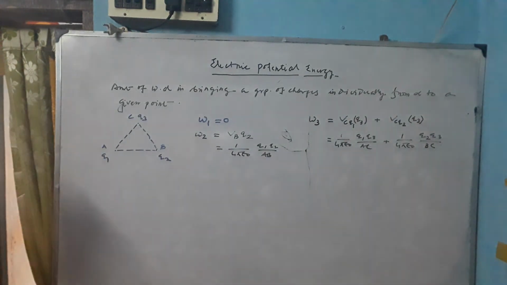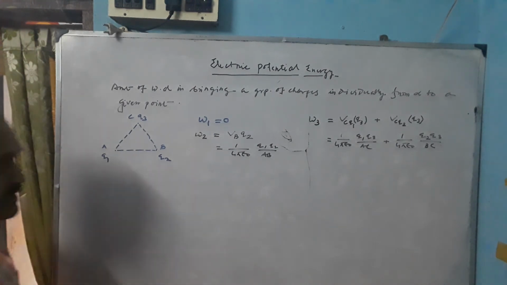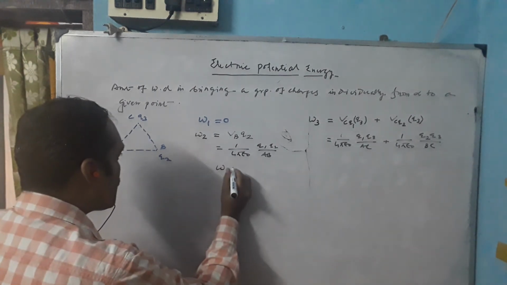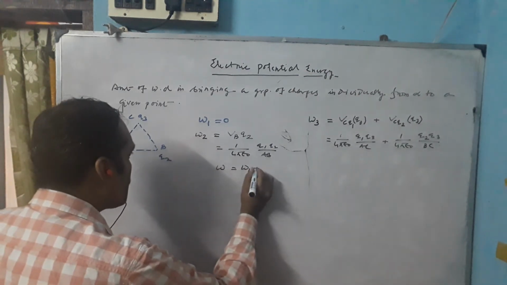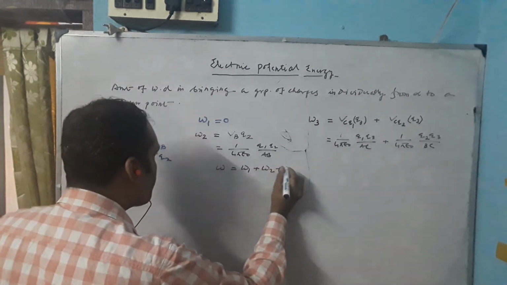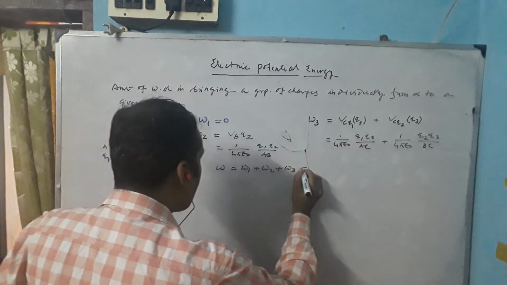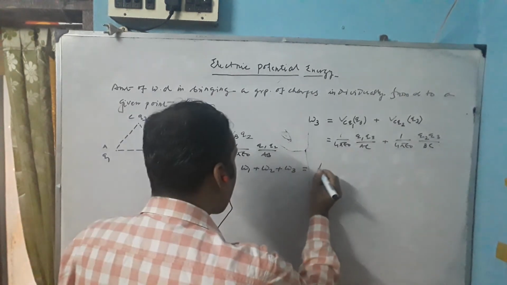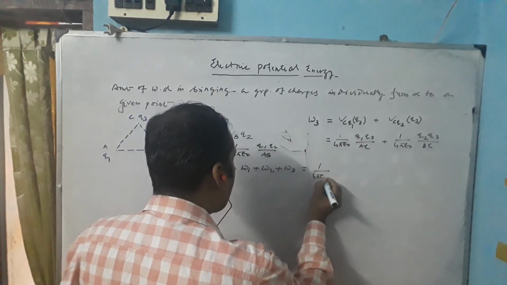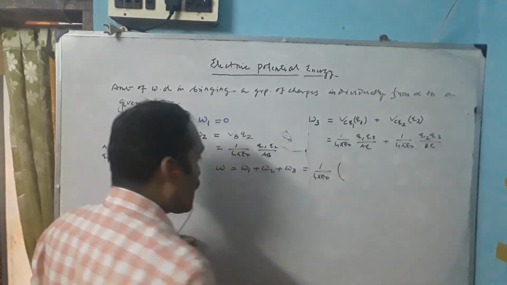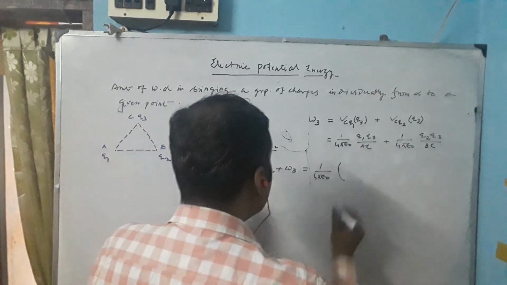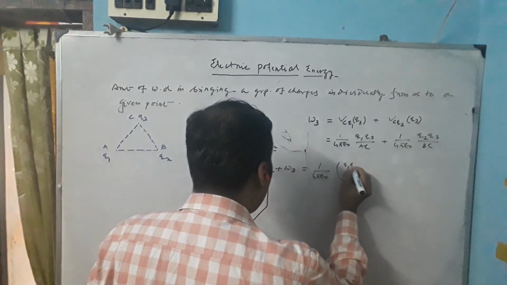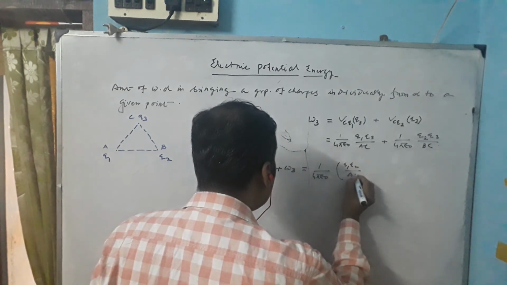So finally we have brought all the three charges from infinity. Hence the total work done will be the addition of the three, which gives you 1 by 4 pi epsilon 0 outside. This factor remains Q1, Q2 by AB.